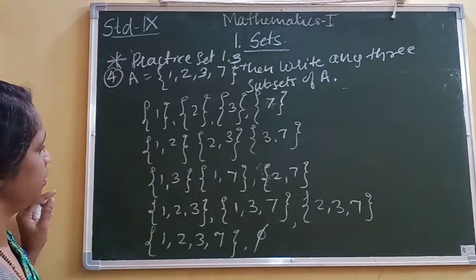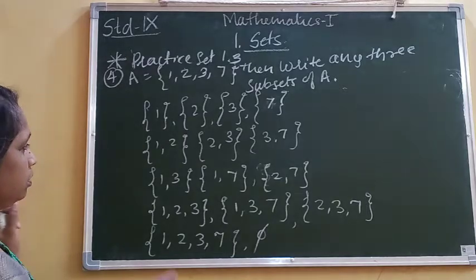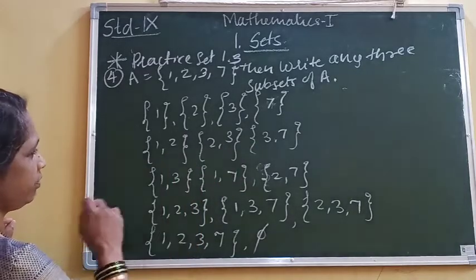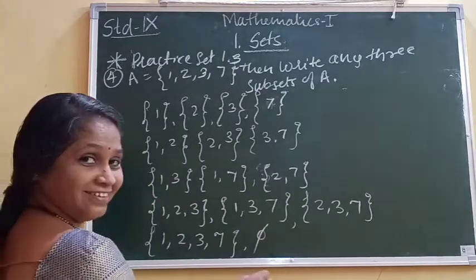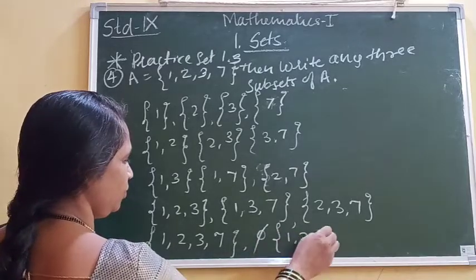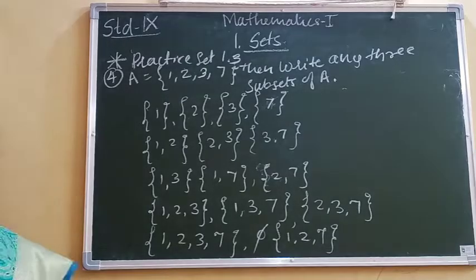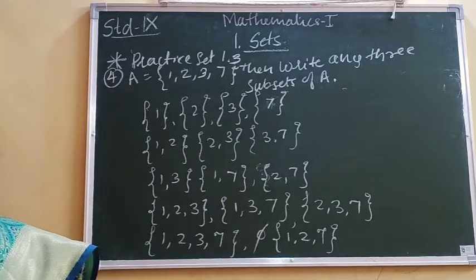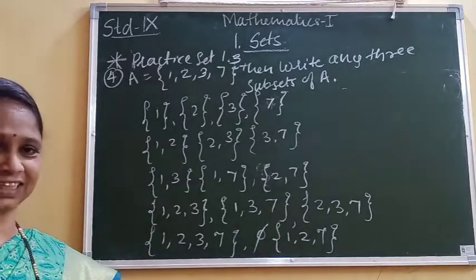Now {1, 2}, {2, 3}, {3, 7}, {1, 3}, {1, 2, 7} set 1 remains. So see now, how many sets are done? 16 sets are done.